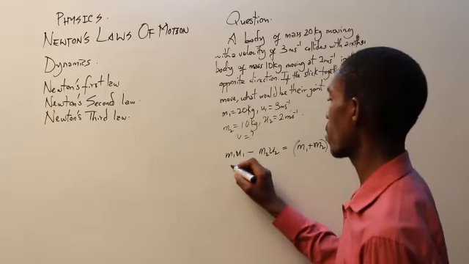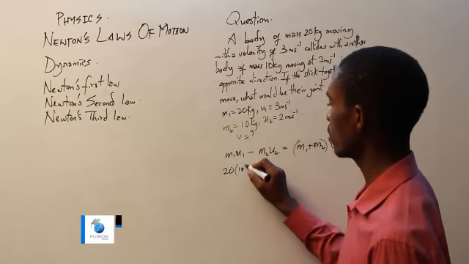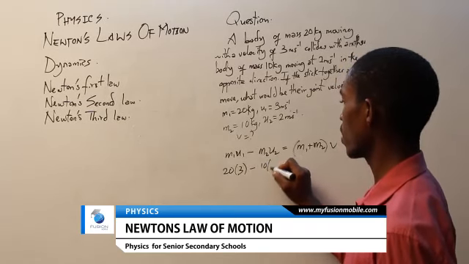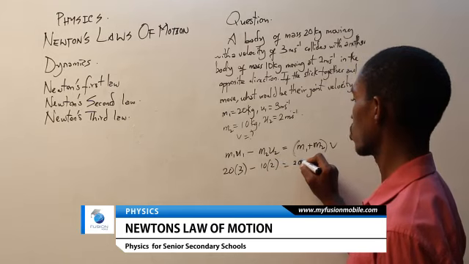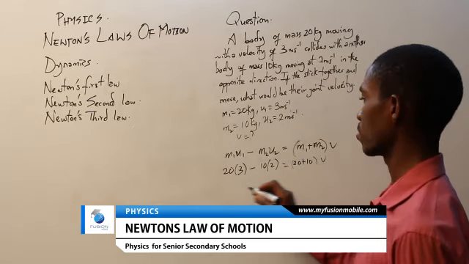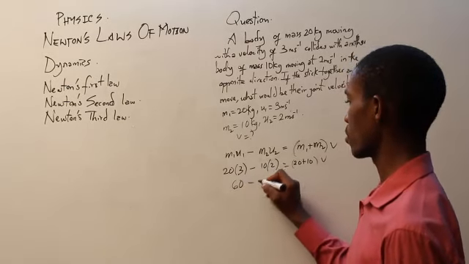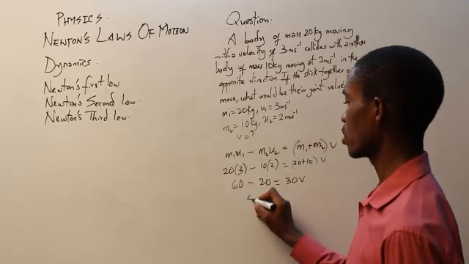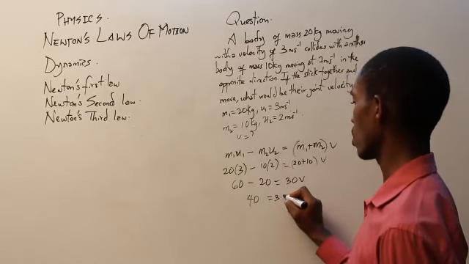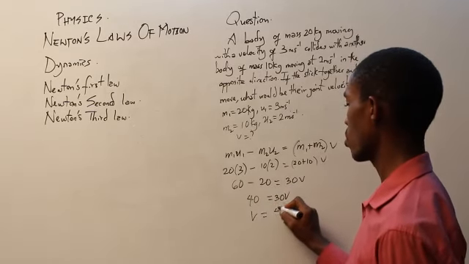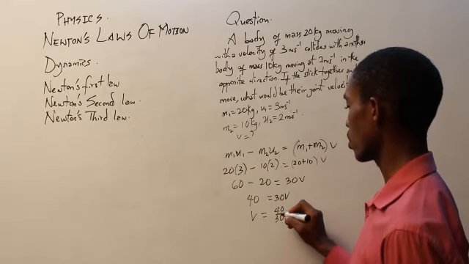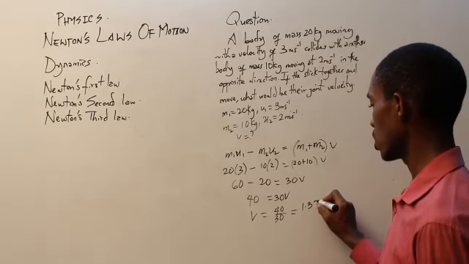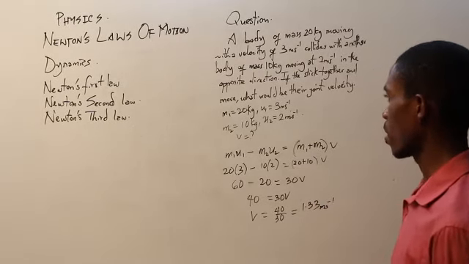So substituting our parameters in, 20 multiplied by 3, minus 10 multiplied by 2 equals 20 plus 10 V. This is 60 minus this is 20 equals 30 V. 60 minus 20 gives 40, so 40 equals 30 V. So our V will be equal to 40 over 30, which equals 1.33 meters per second.